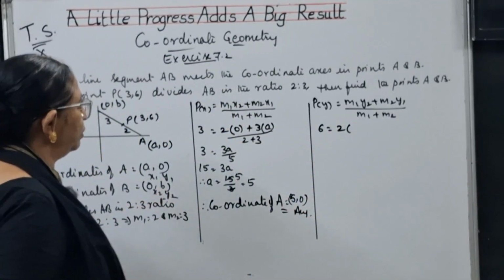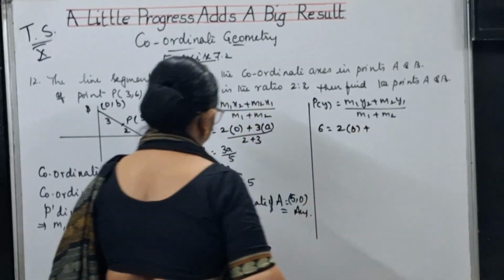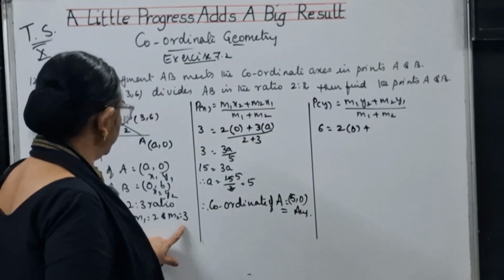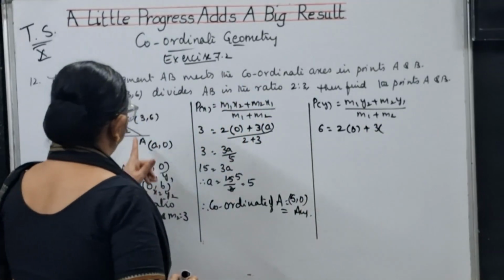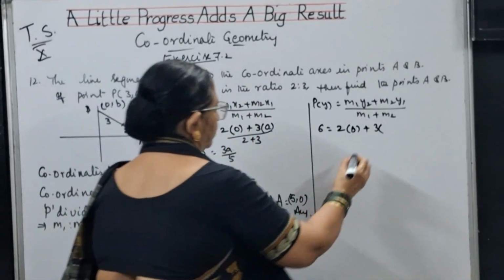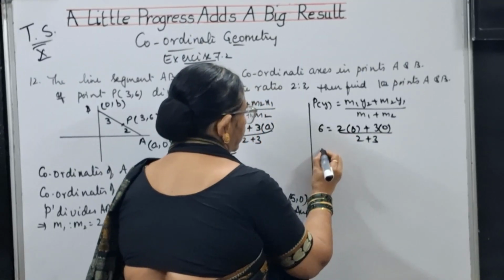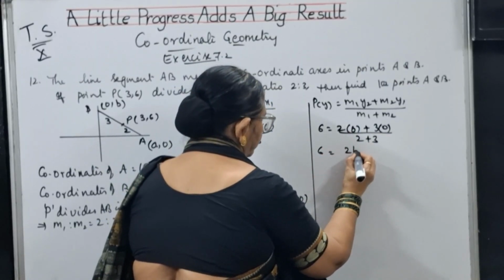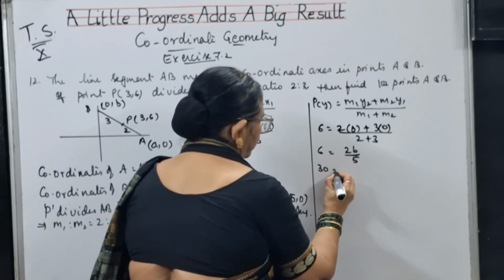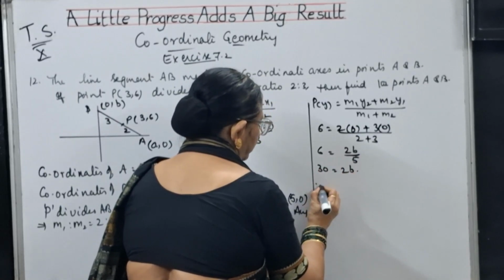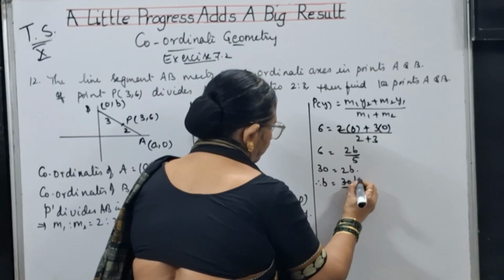What is y2? b, plus m2. What is m2? 3 into y1. y1 is 0, by 2 plus 3. 6 is equal to 2b by 5. 30 is equal to 2b.